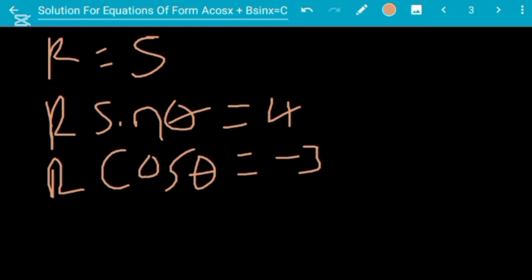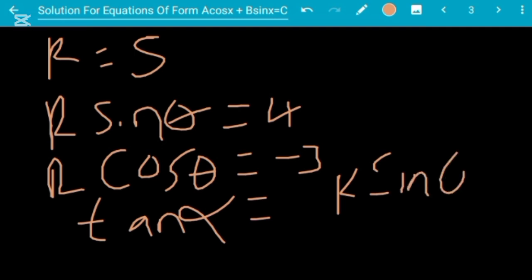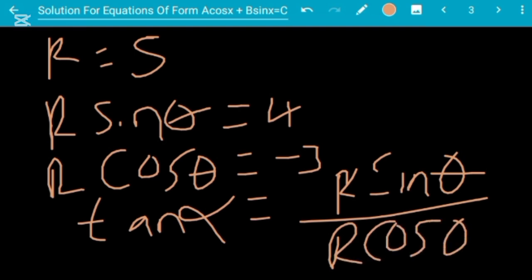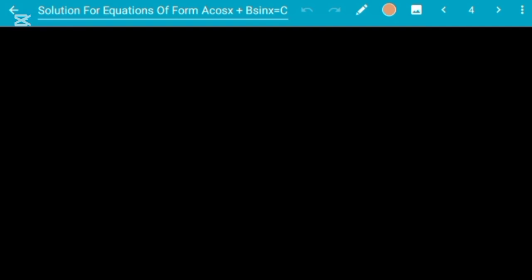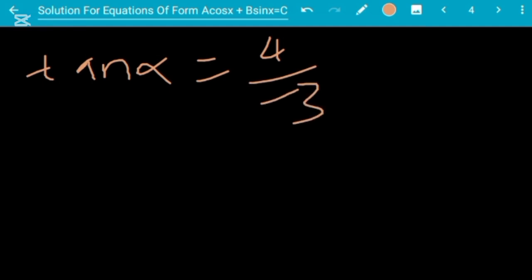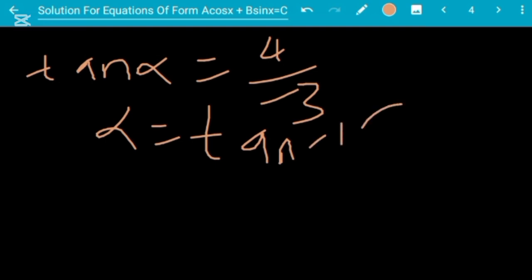So to calculate tan alpha, it is R sine alpha divided by R cos alpha. So my tan alpha is equal to 4 divided by minus 3, which means alpha is the tan inverse of minus 4 over 3.